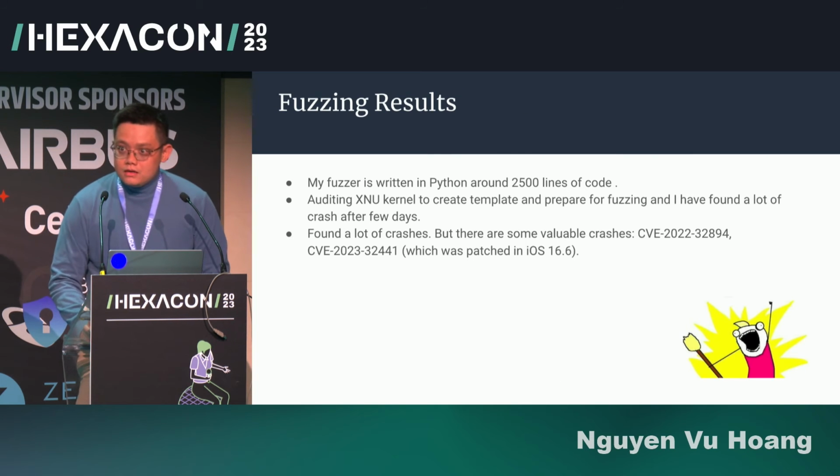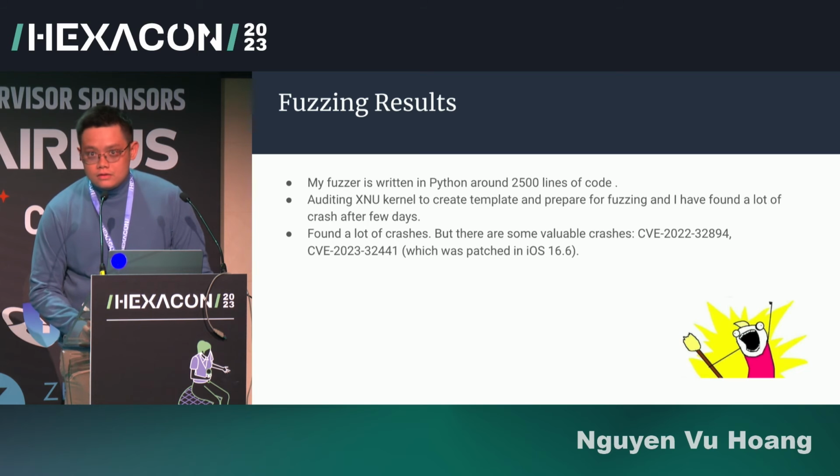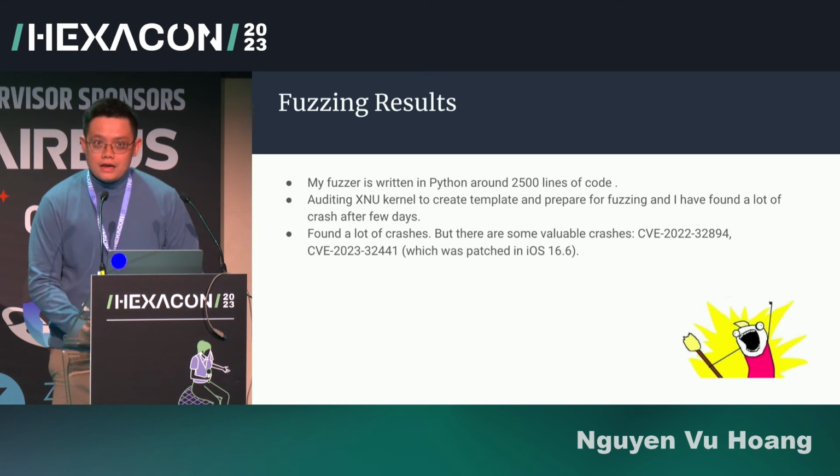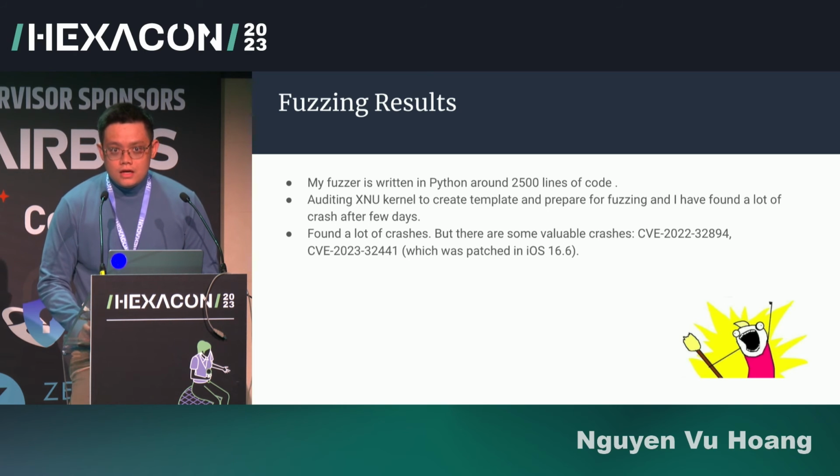So I spent over a month to develop this fuzzer further. And after that, I spent the whole time auditing the targets, and I created my own C template file too. And after that, I ran my fuzzer, and it triggered a lot of kernel panic crashes.